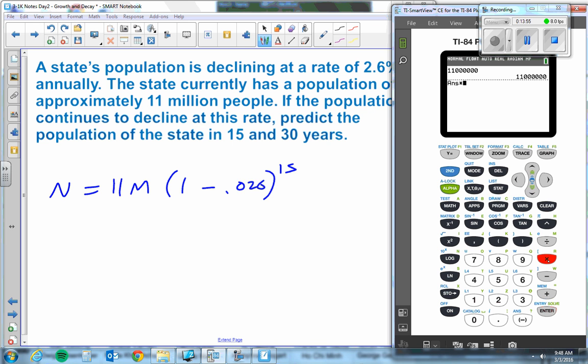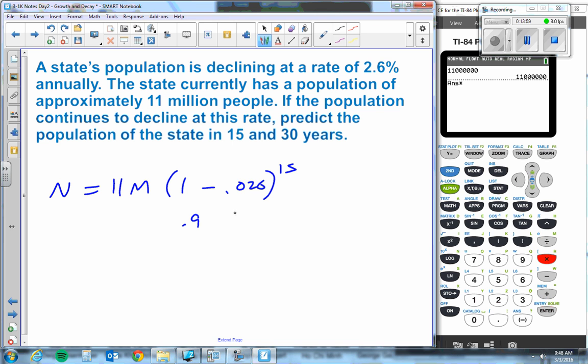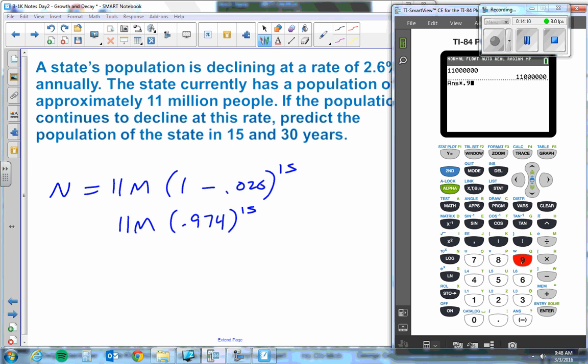And then type in times. Now, first of all, if you subtract 2.6%, you get 97.4%. So what I want you to do is do times 0.974. Press enter. And then do it 14 more times, so a total of 15 times. So that's 1, 2, 3.